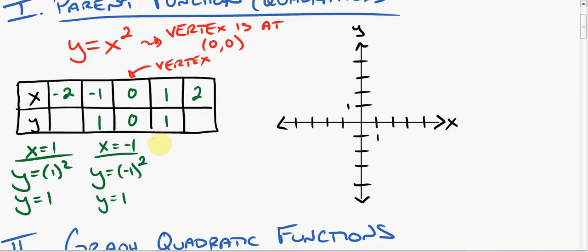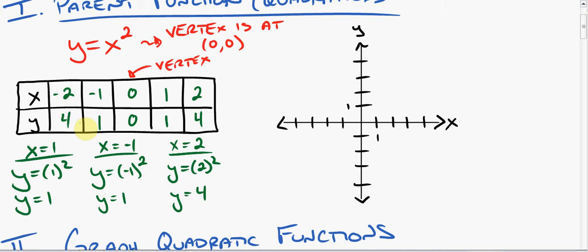So let's try x equals 2. So we have y equals 2 squared. 2 squared is 4, so we see y equals 4. So what can we assume? If x is 1 and y is 1, and x is negative 1 and y is still 1, these two numbers are the same. Can we assume that y will also be 4? And you can.